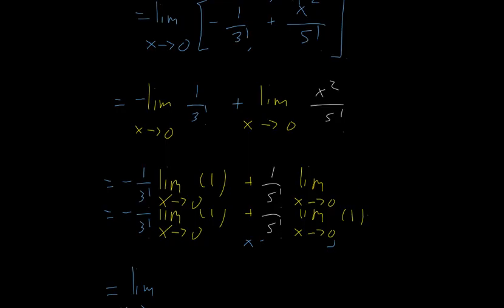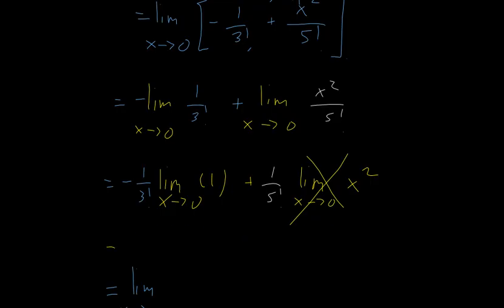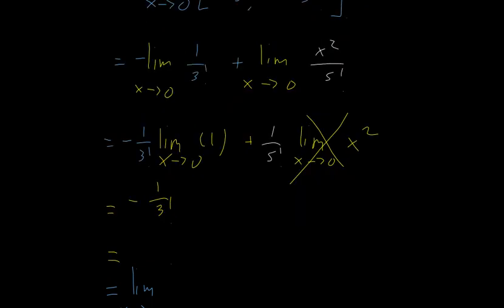Since x is going to 0, this is gone. I'm just left with this. The limit of a constant is the constant, times negative 1 over 3 factorial. 3 factorial is 6, so this gives us negative 1 over 6. And if you were paying attention, this is the exact answer that we got for our limit in the simulation.